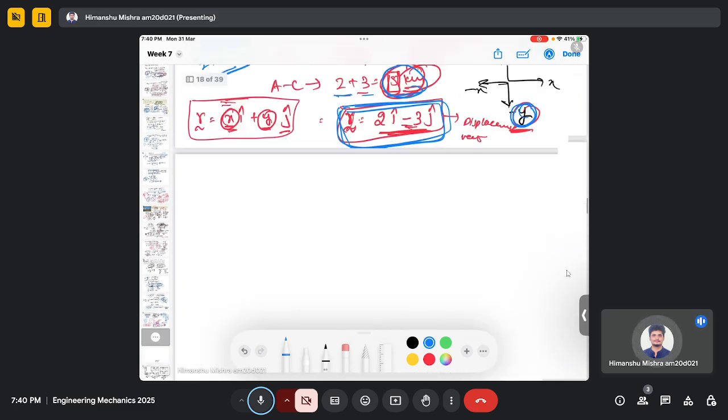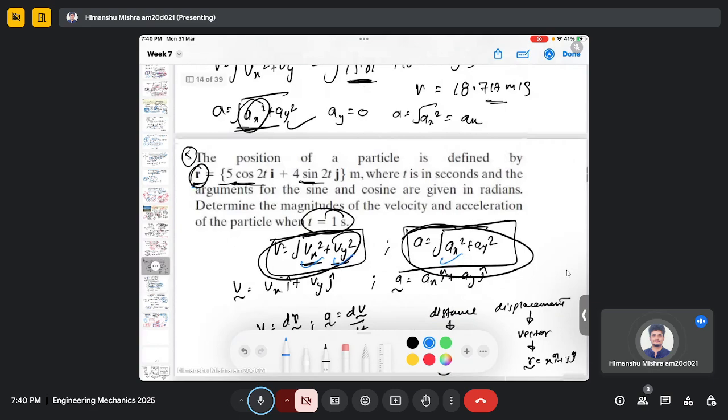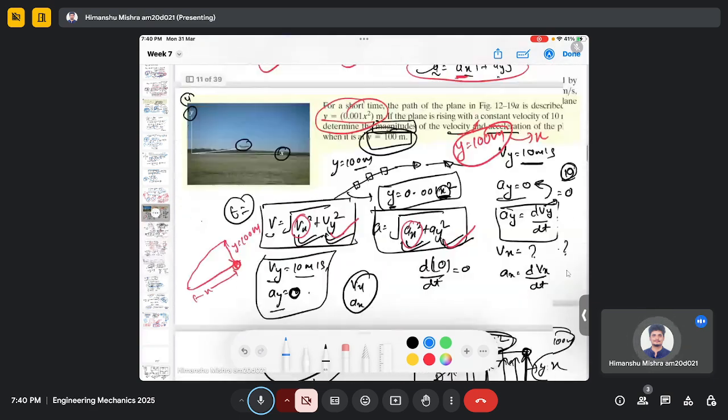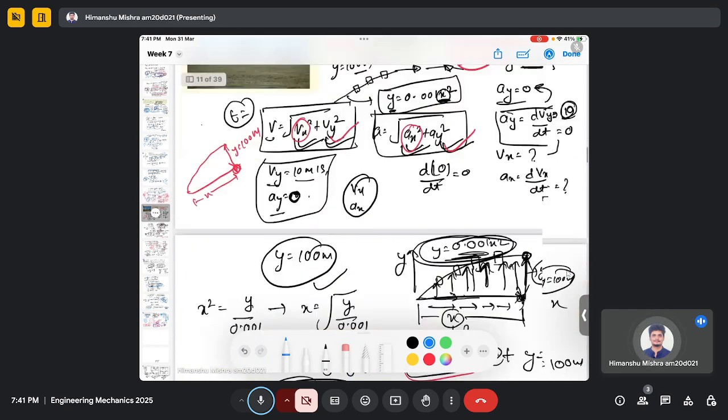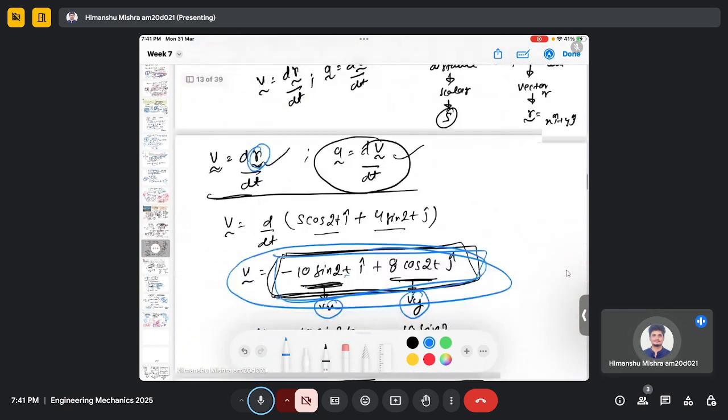But that usually occurs in the scalar problem, like in the previous problem we had the component of Vx and the component of Vy. So this will be dx by dt and this will be dy by dt. So you can actually get the scalar answer like 2 meter per second or 3 meter per second. But when you are dealing with vector quantities, you will get an answer in the vector quantity.